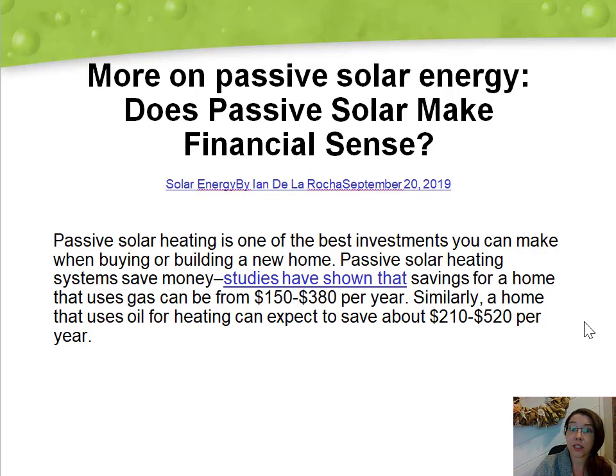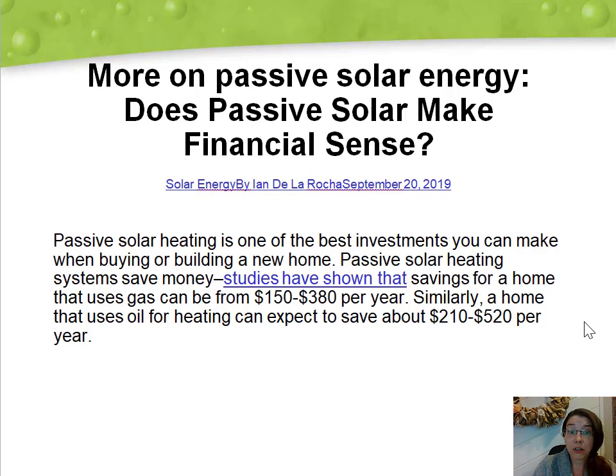Passive solar heating systems save money, and studies that they referenced said that savings for a home that uses gas can be from $150 to $380 per year, and similarly, a home that uses oil for heating can expect to save about $210 to $520 per year on heating costs.